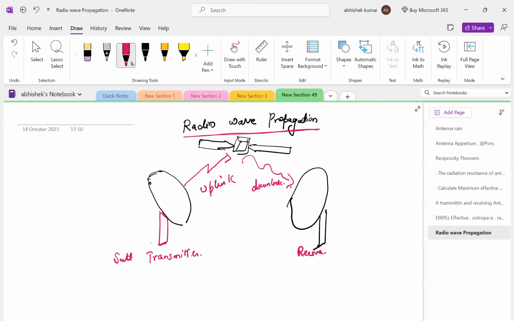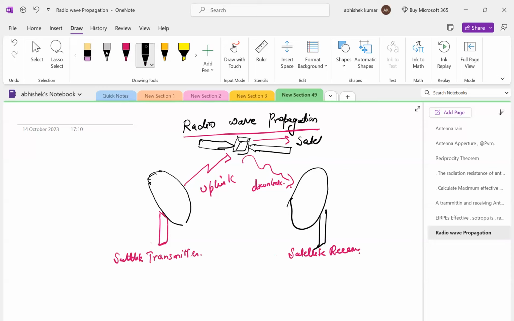Satellite transmitter and satellite receiver. And this is the uplink and this is our satellite.